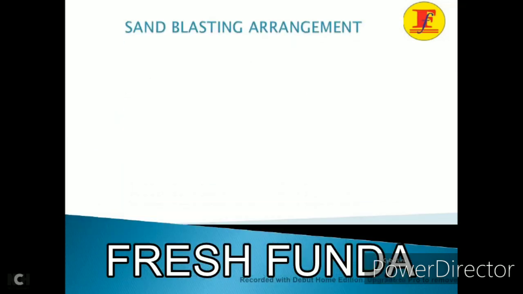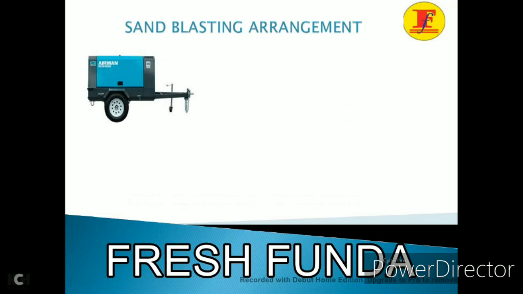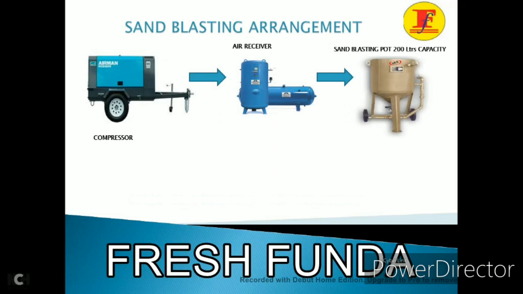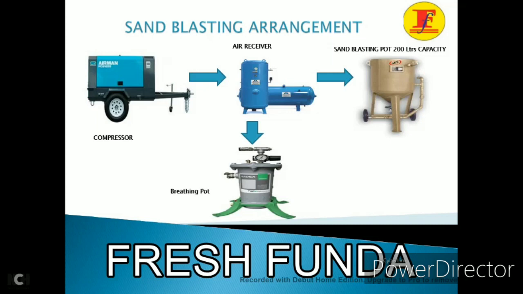Sandblasting arrangement. You see, this is the compressor. From the compressor, the pipeline is going to the air receiver. From the air receiver, the pipeline is going to the sandblasting pot, capacity 200 liter. From the air receiver, an air line is going to the air breathing pot.